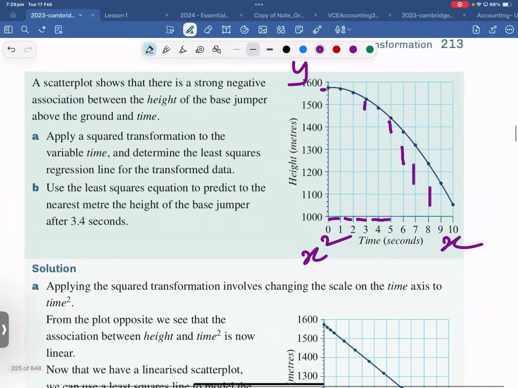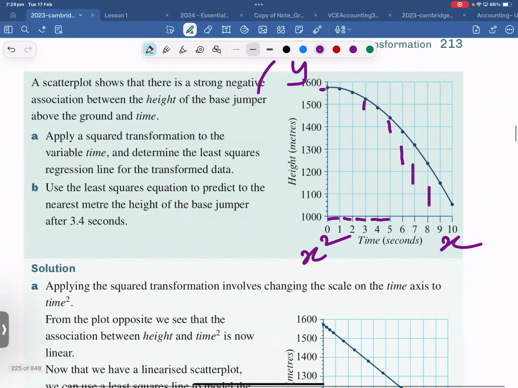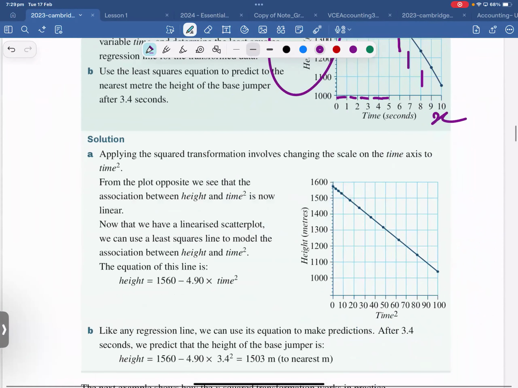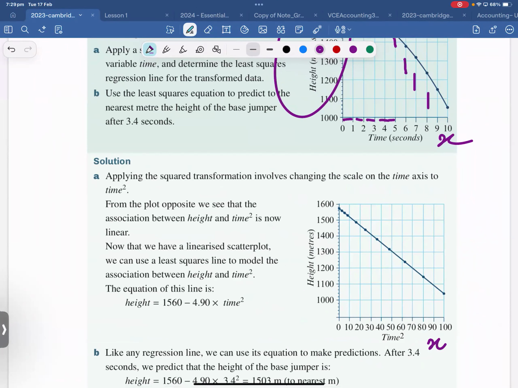Then what we are going to do is we will get the y value, and then we will get the x squared. So we will square it.